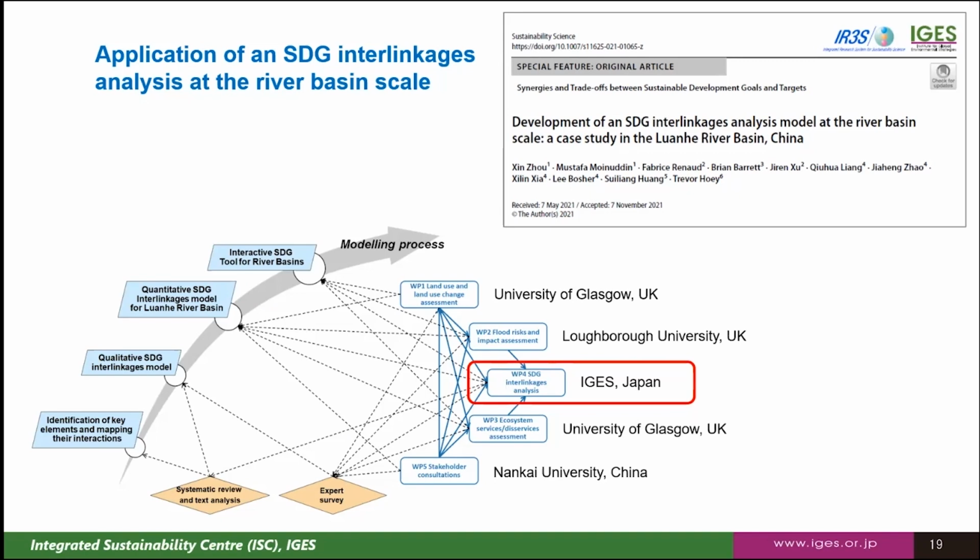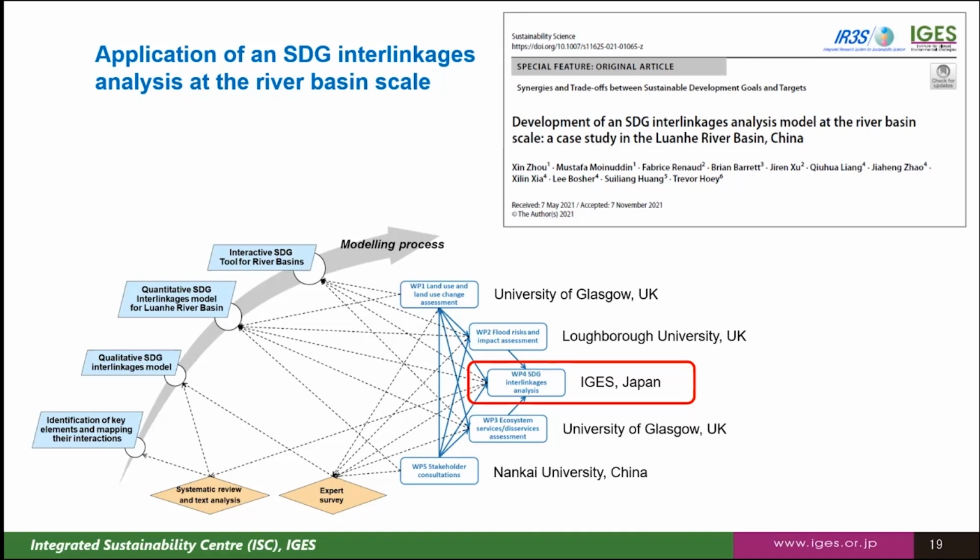A paper on this work was published in Sustainability Science journal last year. The overall study includes 5 components aiming at assessing the impacts of national policy in various regions at the river basin scale through the SDG interlinkages.